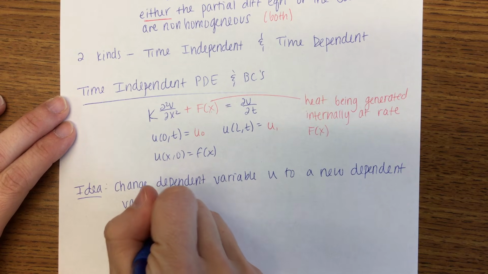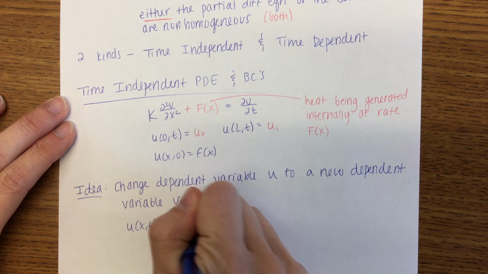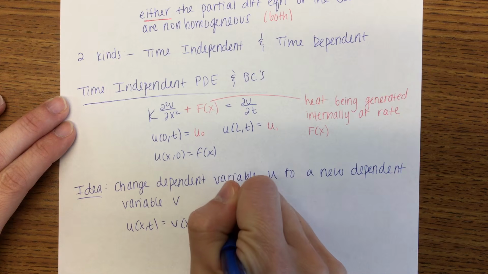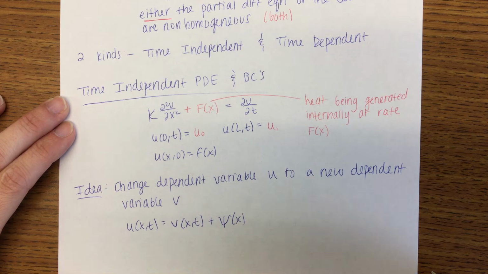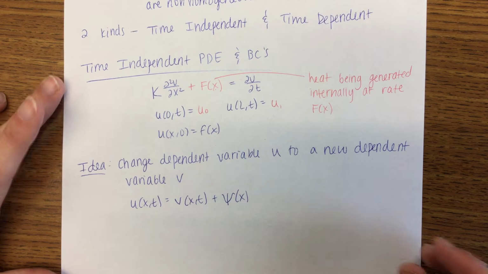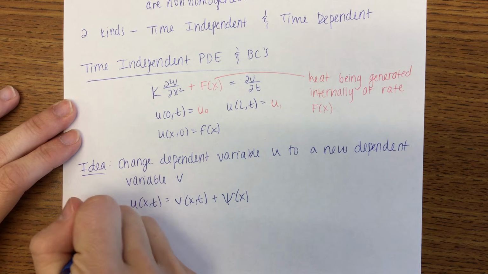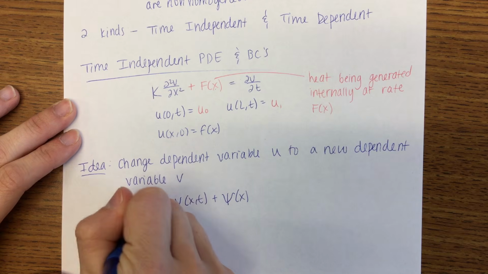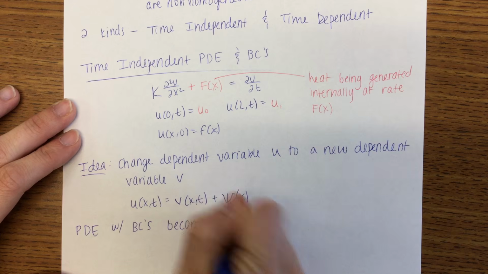Normally, you're looking for u of x,t. Instead, that's going to be equal to v of x,t plus psi. Then you're actually going to have two different equations to solve. So your partial differential equation with your boundary conditions becomes the following.